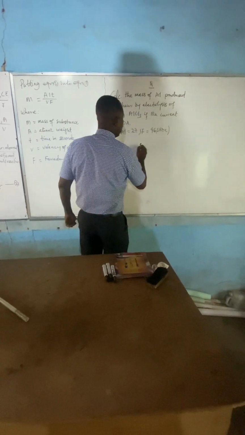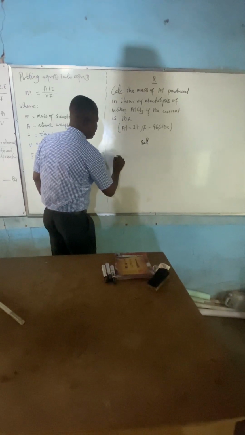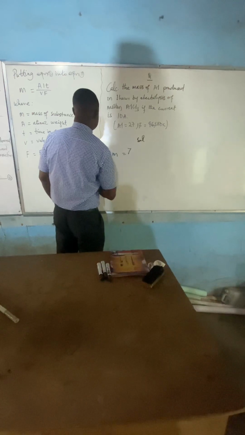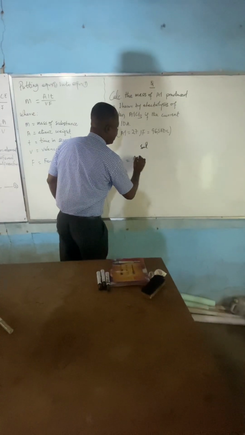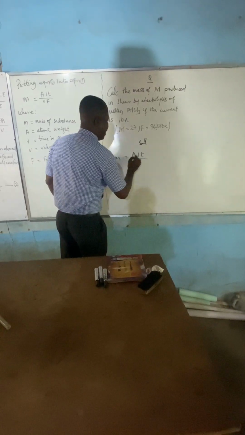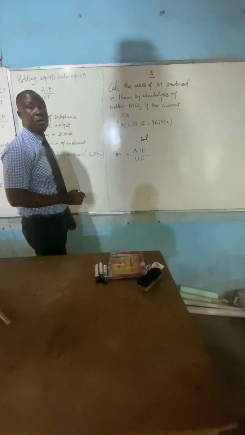So, to solve it, we shall say that mass is equal to the atomic weight times current times time, over valency times the Faraday's constant.